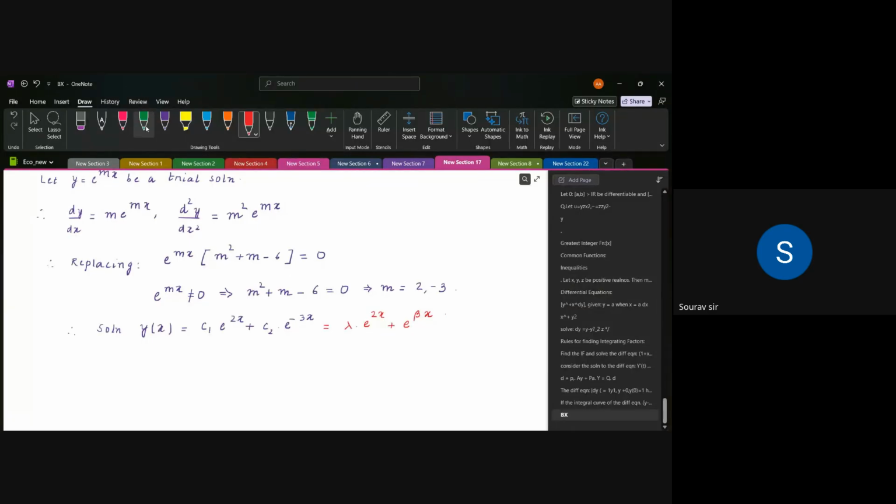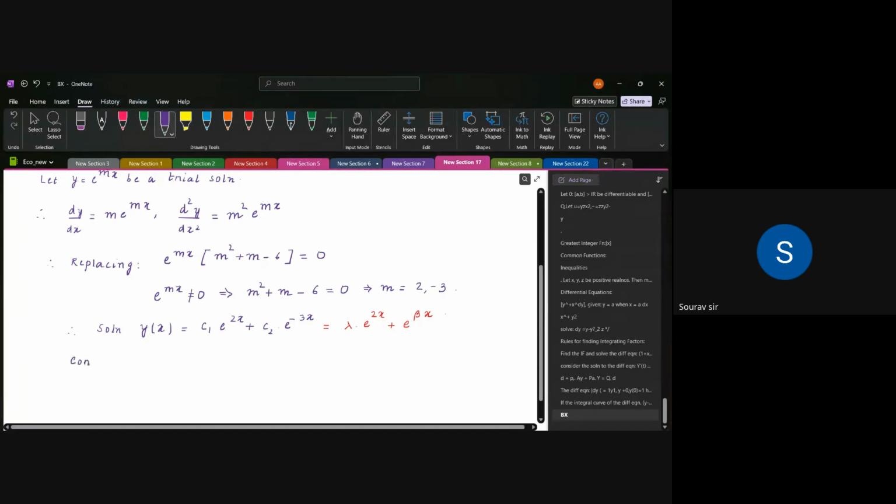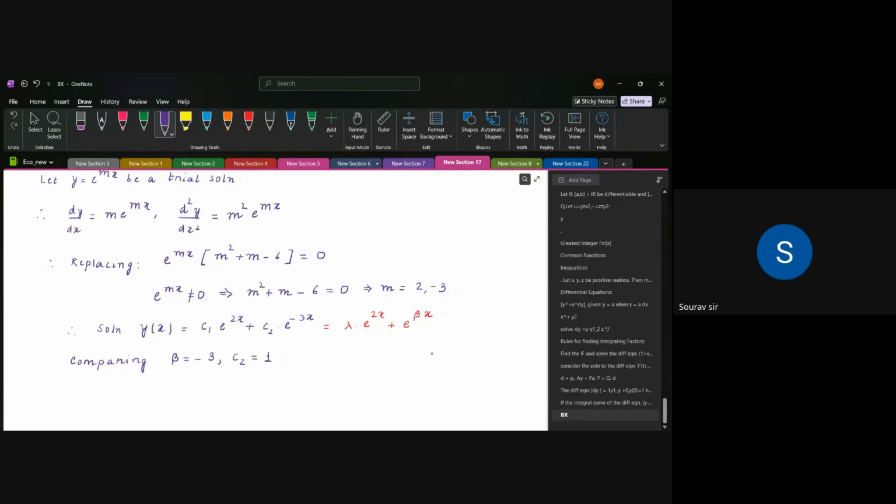So if you compare, what you can directly observe is that your beta will be minus 3, and c2 will be essentially 1, if you match it with the structure of the solution given to us.